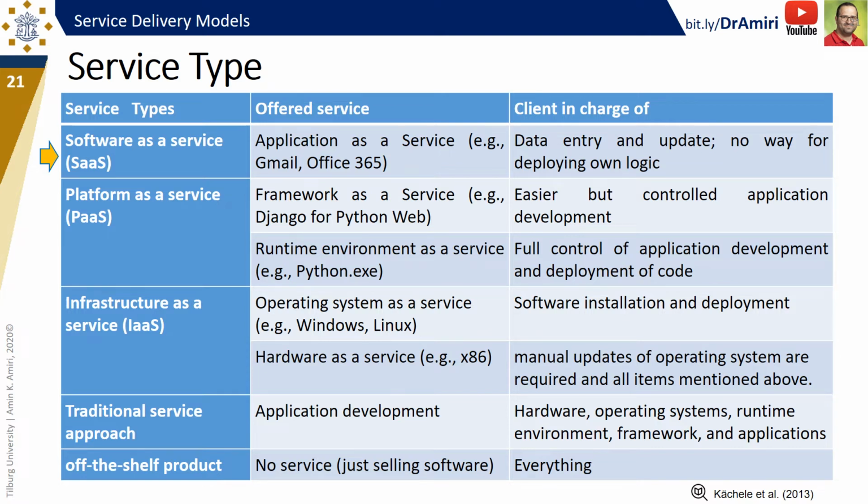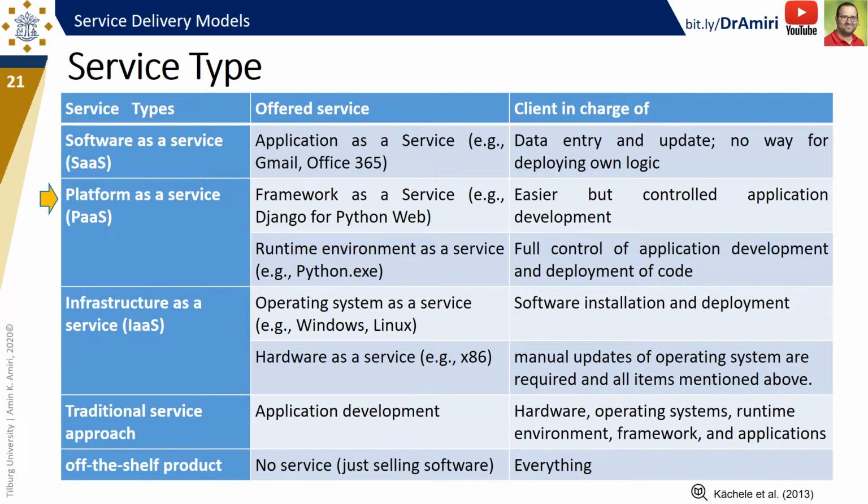The second service type is platform as a service or PaaS. It has two subtypes. With the framework as a service, you pay for using a hardware that is equipped with an operating system, a runtime environment, and a framework such as Django for Python web application.